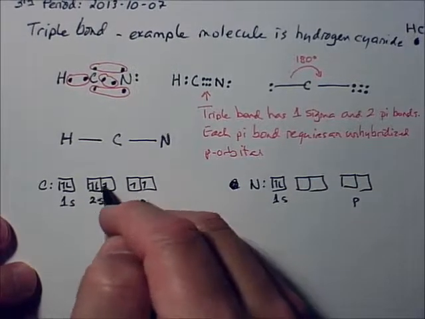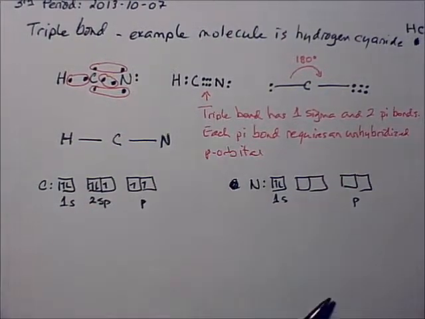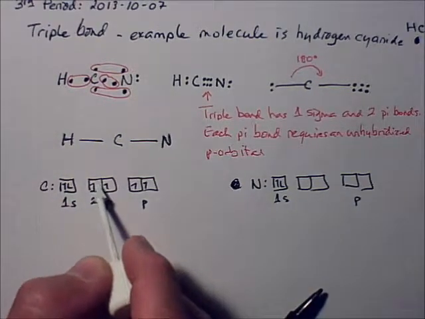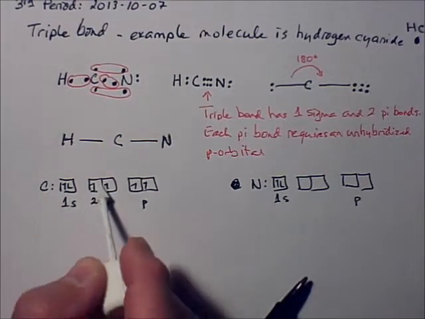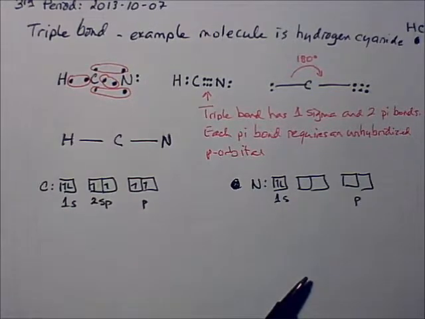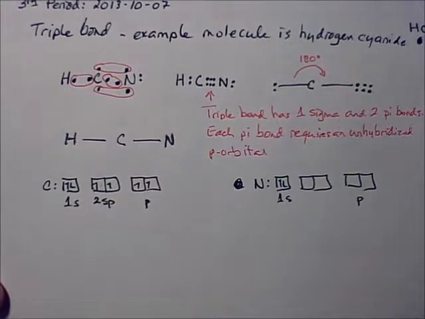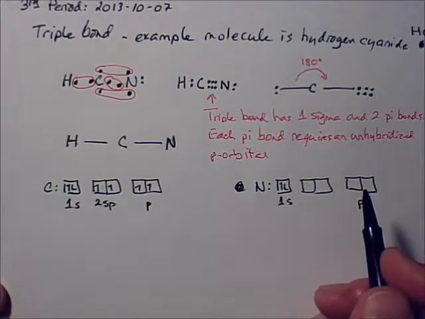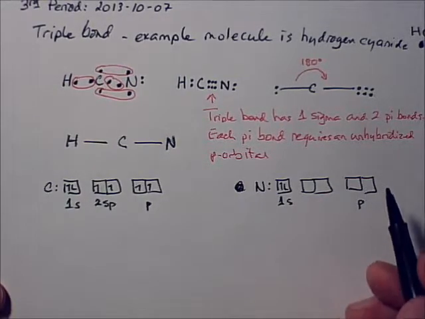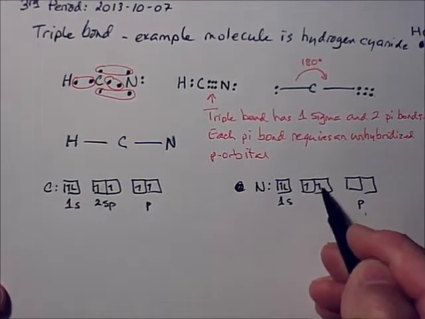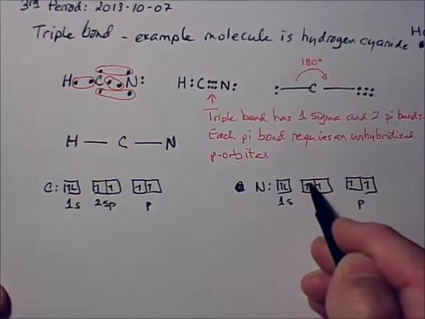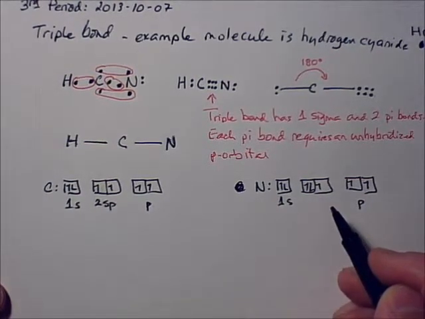Just like we did before, carbon ends up with 4 electrons in the valence level, 4 in these hybridized and unhybridized orbitals. Nitrogen had 5 valence electrons, so we're going to put 1, 2, 3, 4, and pair up once.